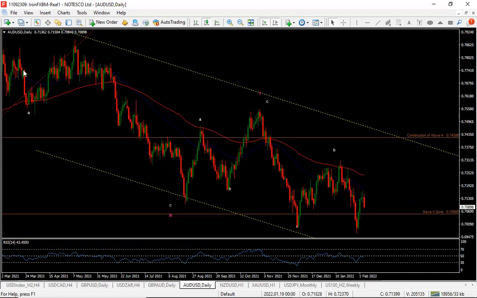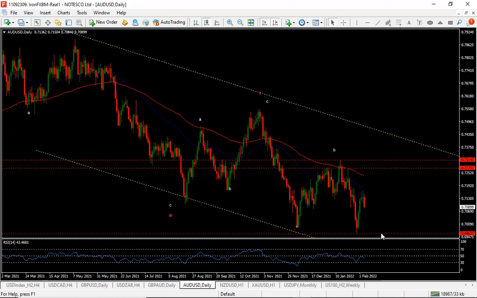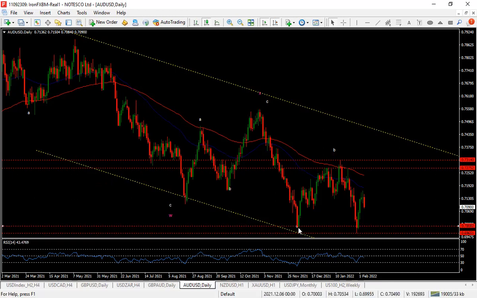So now from here, we observe that for our B, we have got our resistance in that area, and then we got our support in this area, right? So meaning to say that price is actually trapped in this zone.